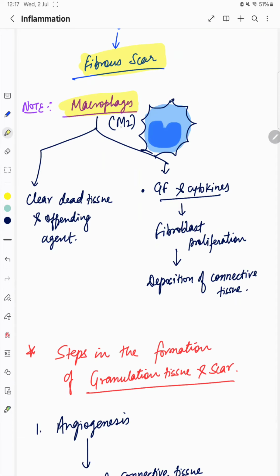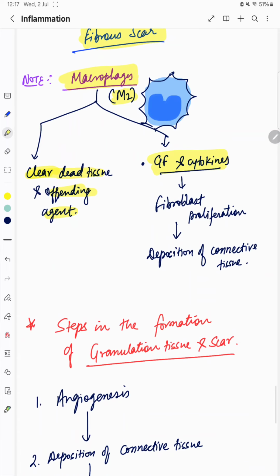Alternatively activated macrophages, M2 macrophages, clear the dead tissue and offending agent, and they secrete growth factors and cytokines, which result in proliferation of fibroblasts, and fibroblasts result in the deposition of connective tissue like collagen.